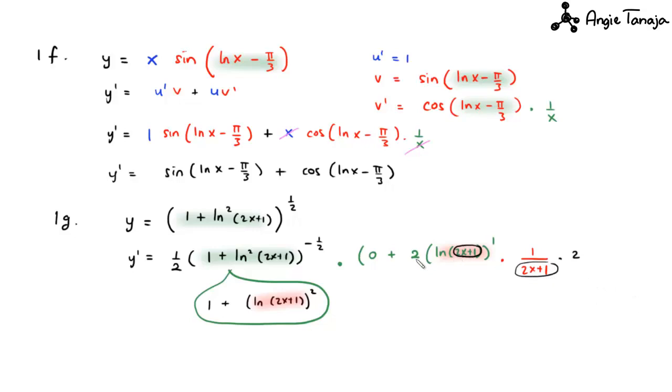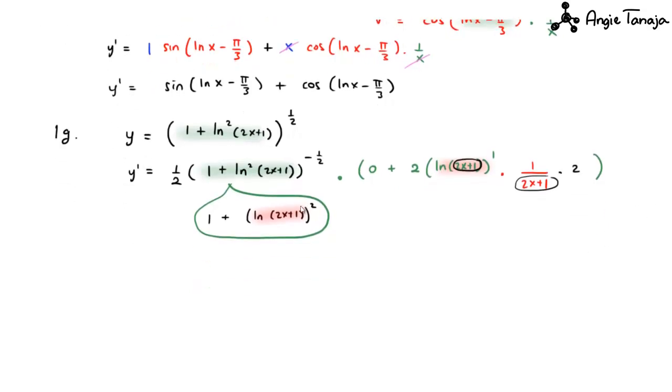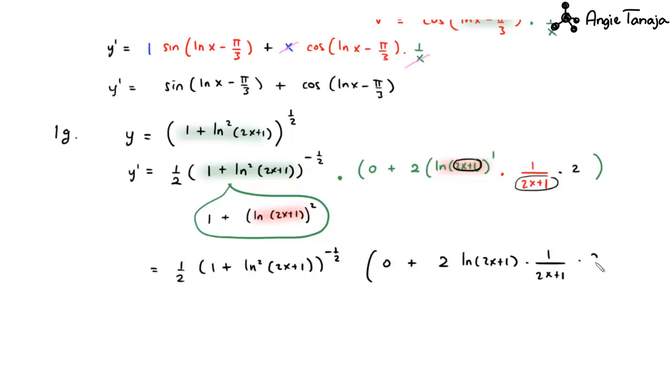Kelihatan ya lapis-lapisannya. Oh, soalnya ketutupan ya. Saya tulis ulang ya. Half 1 plus ln square 2x plus 1 times with 0 plus 2 ln 2x plus 1 times 1 over 2x plus 1 times 2.